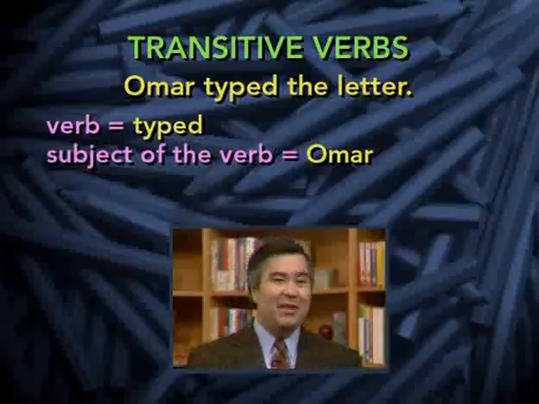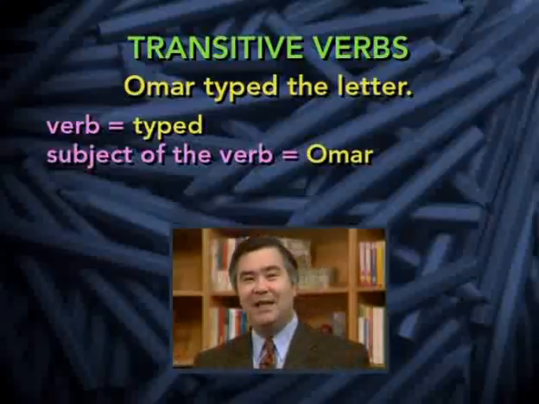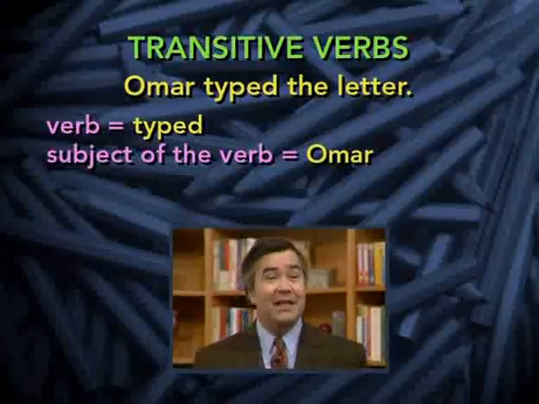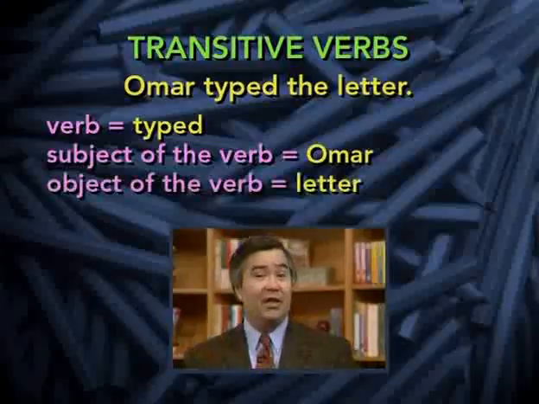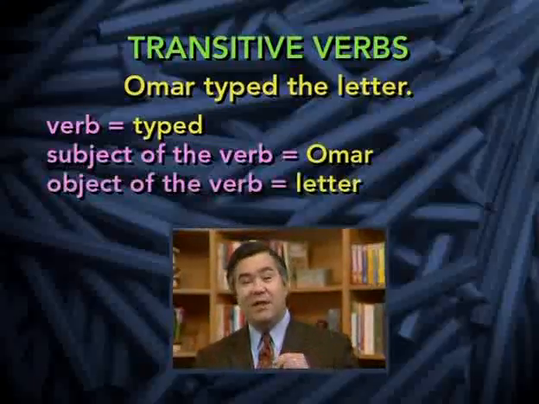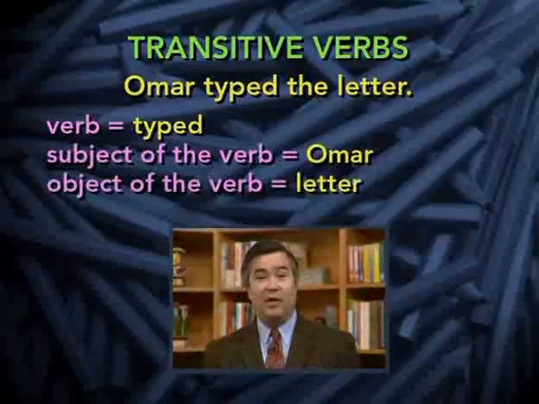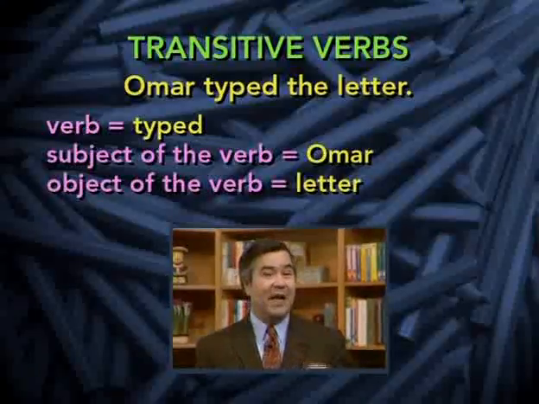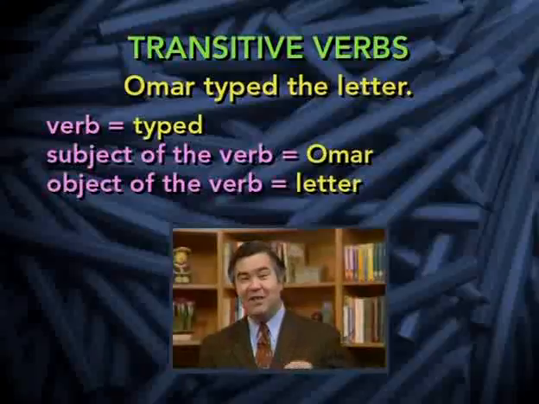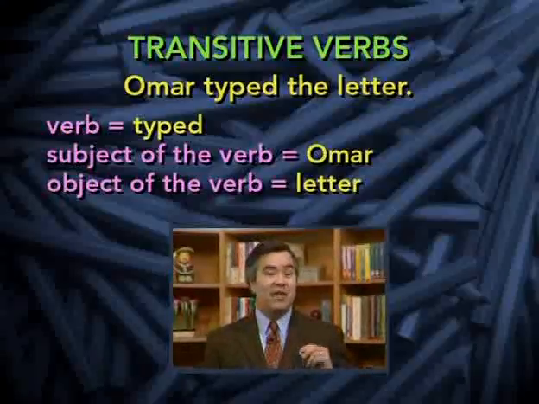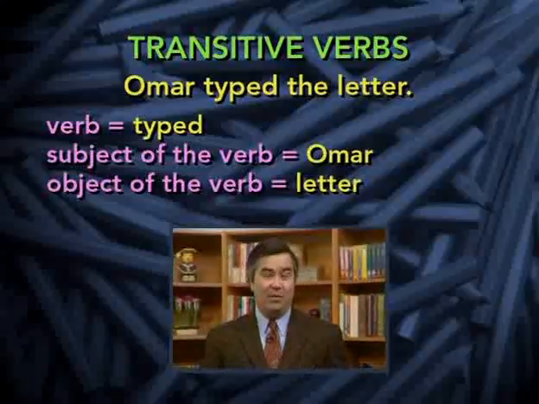Who or what receives the action of the typing in this sentence? The answer is letter. The word letter is a noun which is receiving the action of the verb typed, and therefore it's the object of the verb. Because the verb typed has an object which receives the action, we refer to typed as a transitive verb.